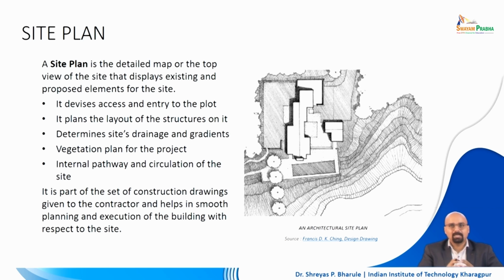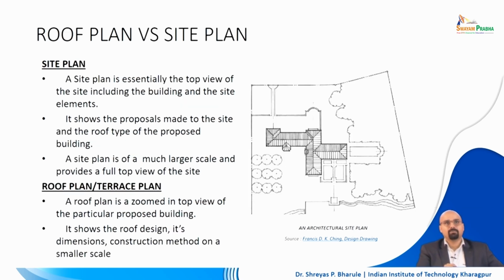The idea of how to place the building on a particular site is communicated through the site plan. This is a very important component of the complete working drawing set which is to be given to a contractor for execution.